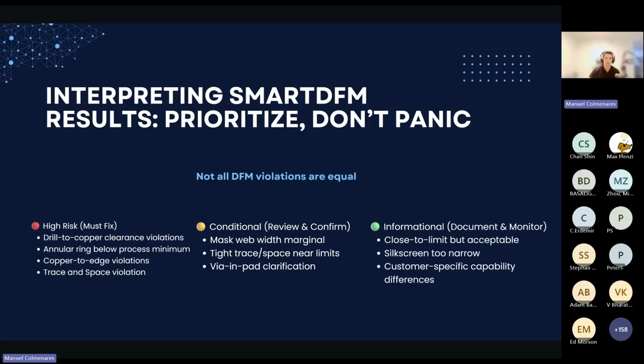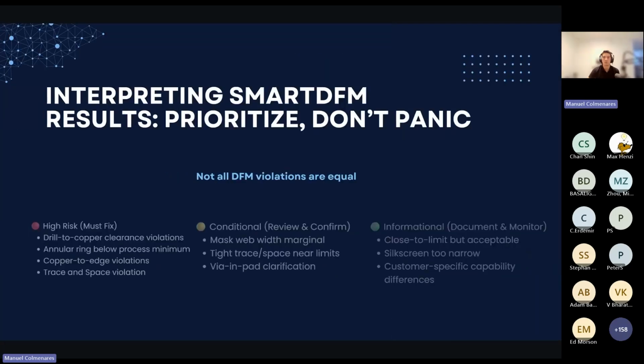And then we have the informational. I would say the silk screen problems are what we could qualify as informational, nothing that will affect the functionality of the board itself, just the looks of the actual silk screen.